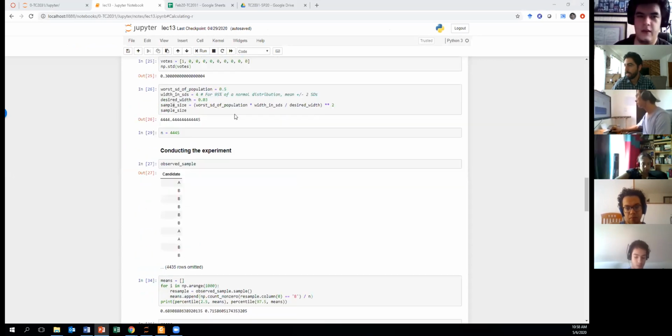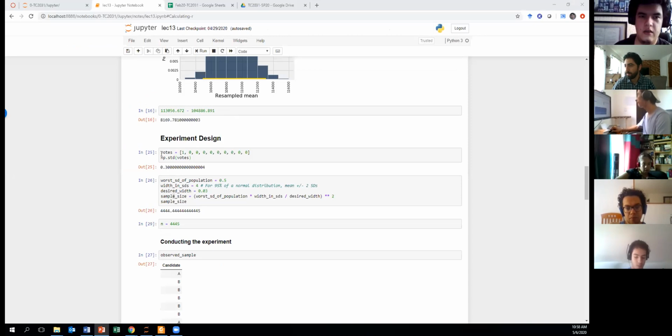Okay, it's a little bit confusing comparing that with this, but usually your worst standard deviation doesn't go, most of the time, beyond half of your range of values. It's not a precise number, but you can calculate it here.